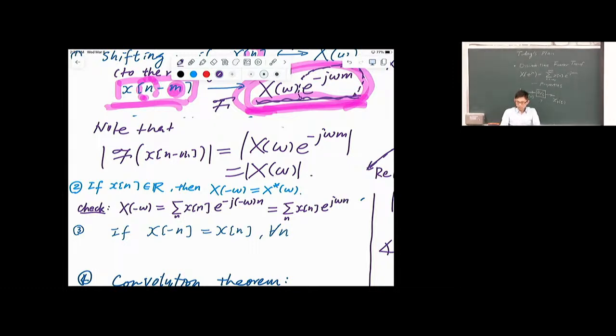And of course, this is equal to that, where the star sign right there denotes complex conjugate. I probably haven't mentioned that. Because x is real. So that finishes our check.